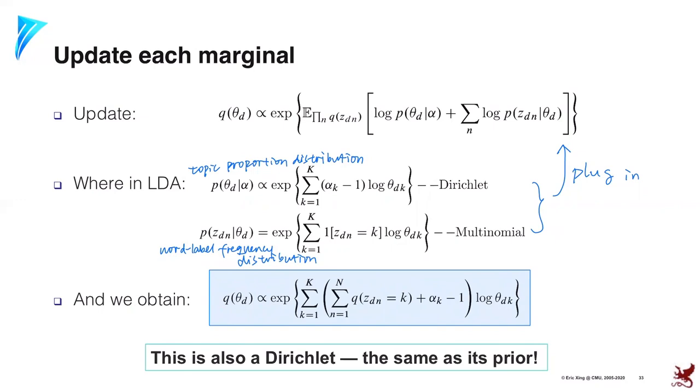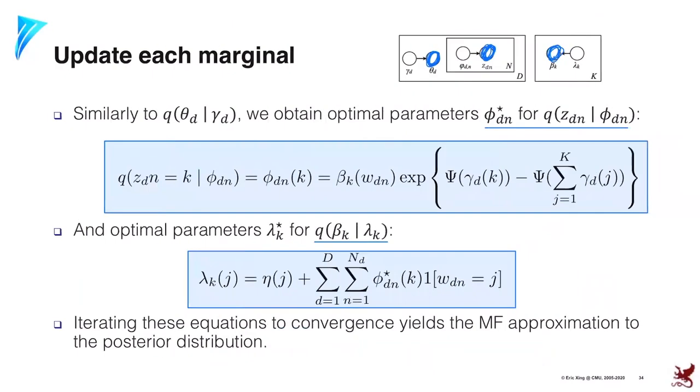This is how to update this Q theta D. And then similarly, we update the Q z_dn and the Q beta_k. Then we can iterate these equations to converge and get the mean field approximation to the posterior distribution P(theta, Z, beta | W). And by following these steps, we can take care of this theta_d, this z_dn, and this beta_k respectively.